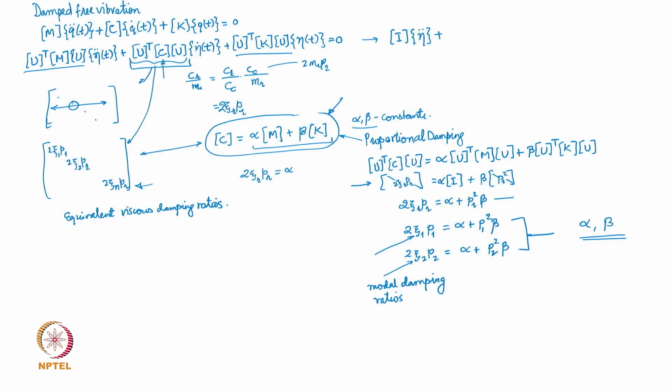How do I find modal damping ratios? Experimentally. Since we are talking of limited degrees of freedom for the sake of illustration, how do I get the modal damping ratio here?